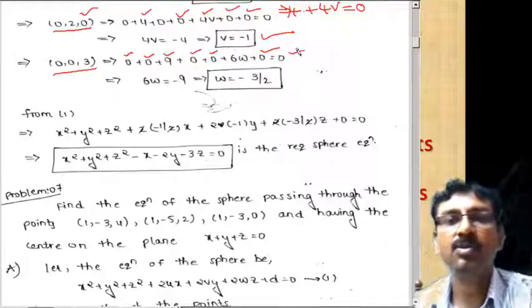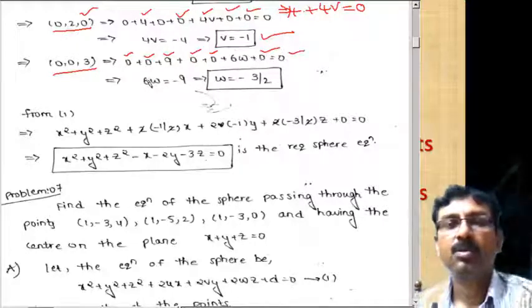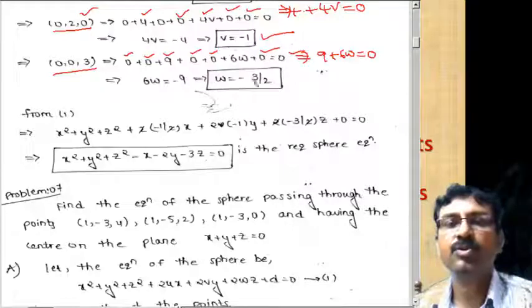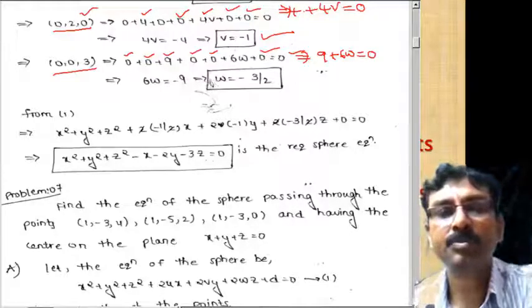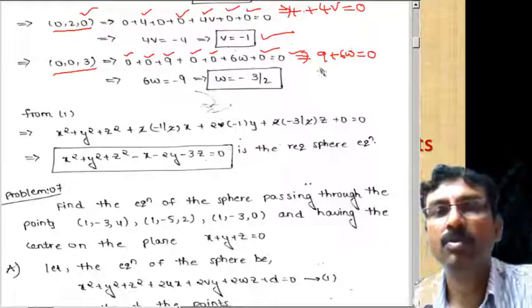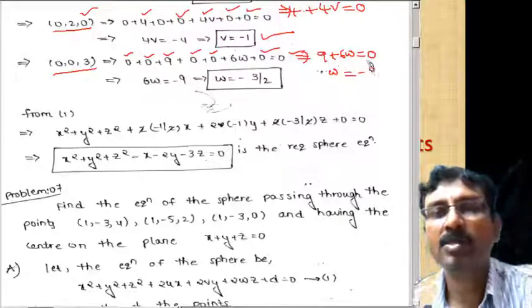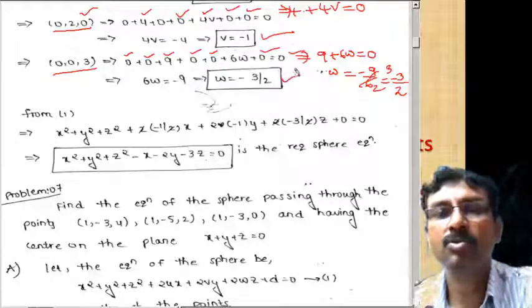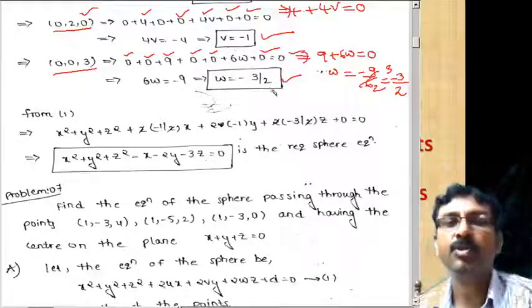So 9 plus 6w equal to 0, w equal to minus 9 by 6, that is minus 3 by 2.